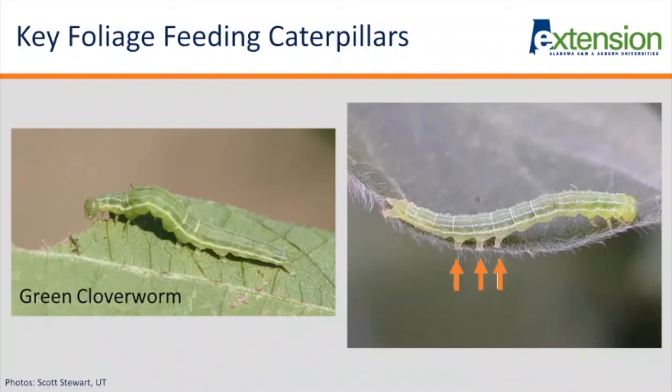So moving into some of the caterpillars, green clover worms are one that we'll see during the season. A green worm with white stripes going down. The key for clover worms is the 3 prolegs. On a caterpillar, we have the true legs that are up towards the head.